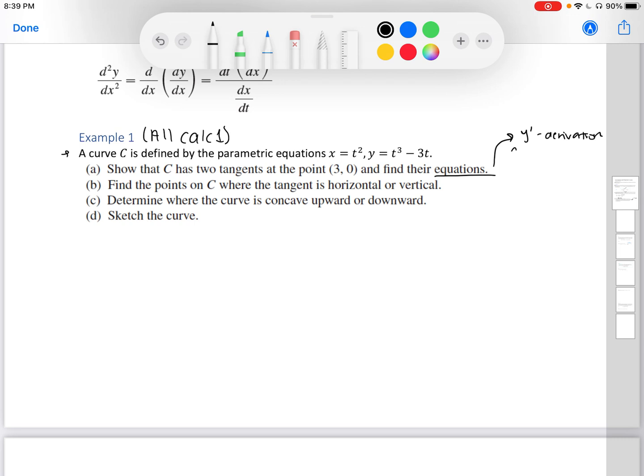So given a point, you're able to, one, find the slope, and second, find the equation of the line using y minus y1 equals m times x minus x1. So that's what we're going to do. But remember, your direction comes from your t. So to answer A, we need the t.